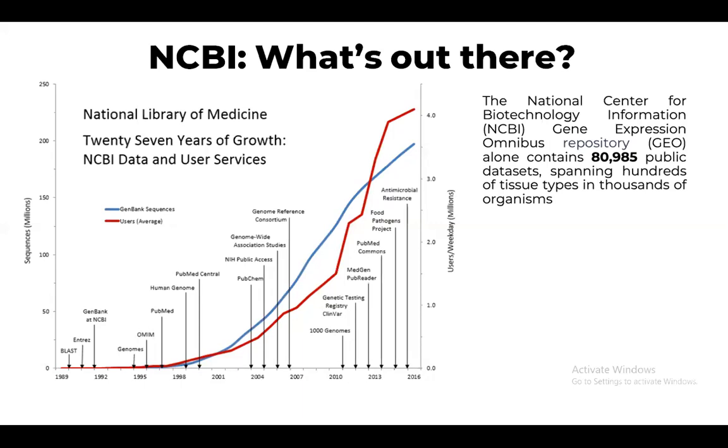There are various big data resources like NCBI, that is National Library of Medicine. As we are looking at this graph, the x-axis represents the years and the y-axis represents the number of sequences in the millions. Since the discovery of the structure and function of DNA, a large number of genomes are sequenced every year.